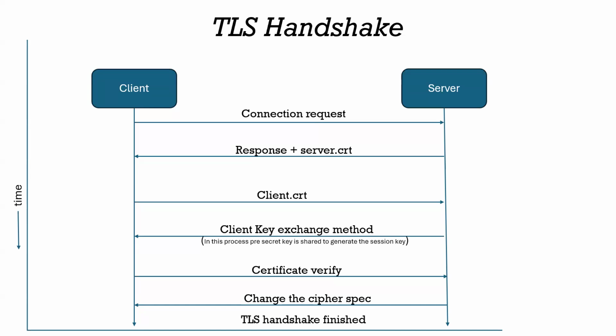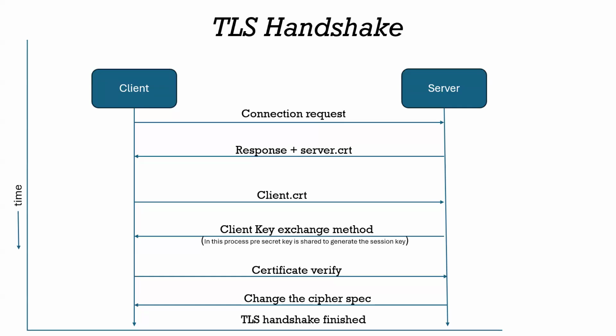So the next thing is, what is certificate verify? As I told you at the beginning, there was a possibility that server.cert was obtained by some third party. So during this certificate verify, the server asks the client to share some data, any data, which must be encrypted by client.key.